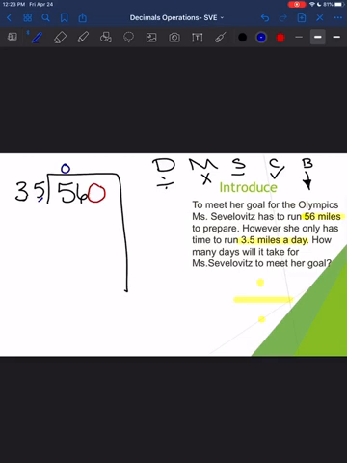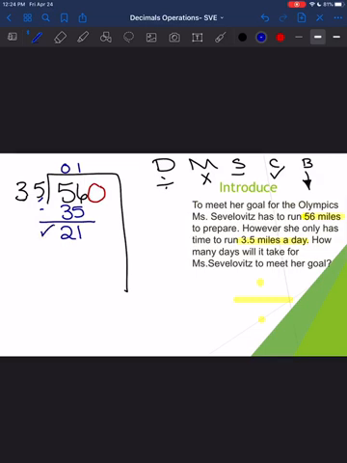But when I look at how many groups of 35 I can get out of 56, my answer is 1. So I'm going to subtract 35 from 56, which gives me an answer of 21. Then I'm going to check to make sure 21 is smaller than 35, so I have the maximum amount of groups of 35, which I do.